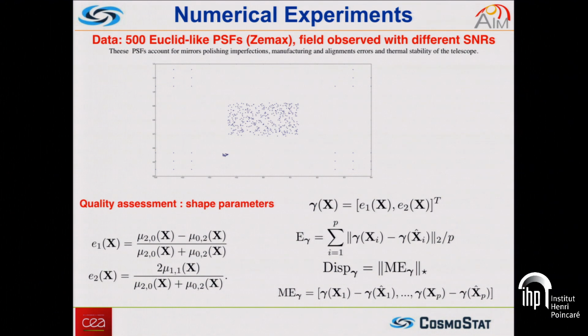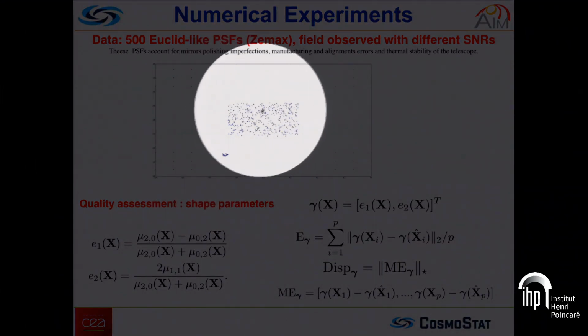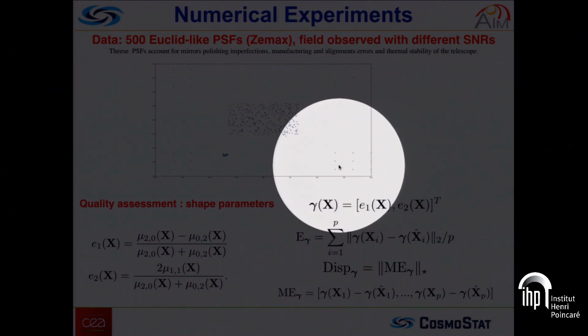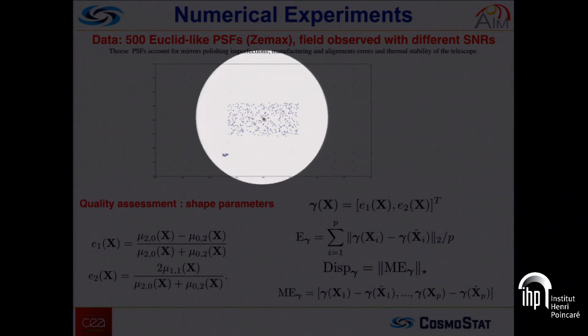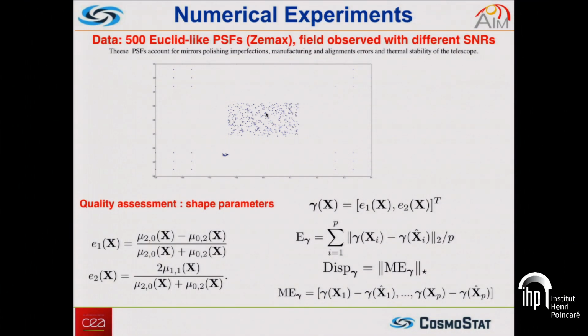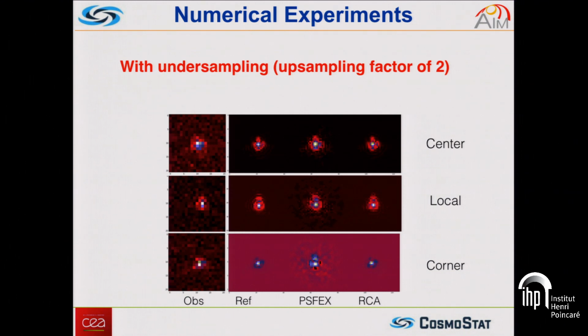So the Euclid team has derived, using real optics modeling, PSFs at different locations of the field. So we have used these 500 PSFs, and we have derived some metrics, which are either the mean square error or the ellipticity error. And this is the kind of result we have.